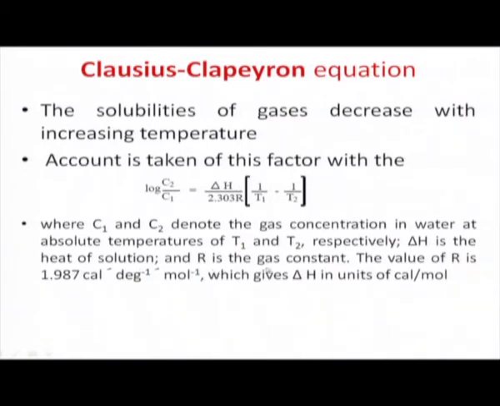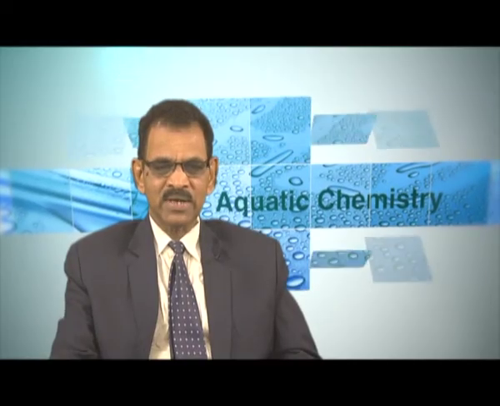And R is the universal gas constant, and usually the value of R is given as 1.987 calories per degree per mole. So, that means the delta H units also need to be expressed in calories per mole, not in joules. If it is in joules, the values will differ accordingly.